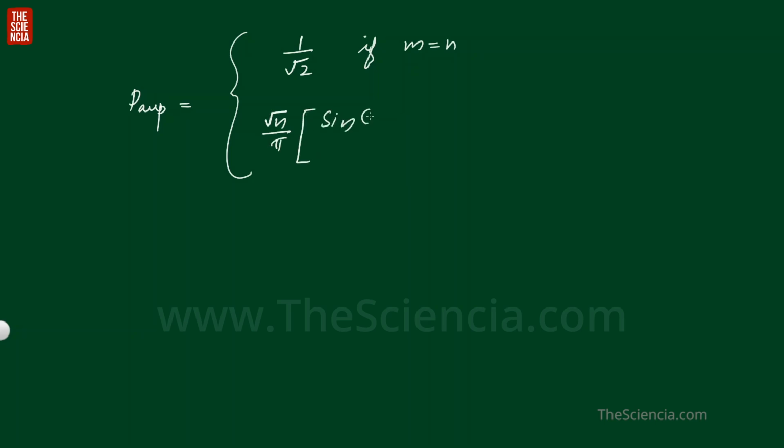So the trick is probability amplitude is equal to 1 by root 2 if the m value is equal to n value, and the probability amplitude will be equal to root n by pi into [sin((n minus m) pi by n) divided by (n minus m)] minus [sin((n plus m) pi by n) divided by (n plus m)].